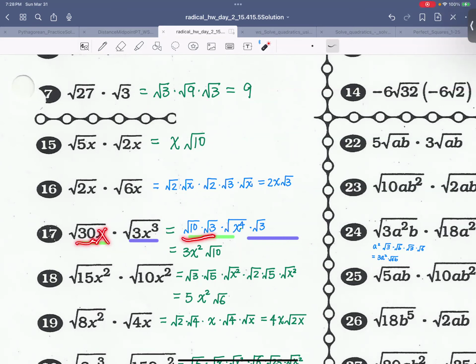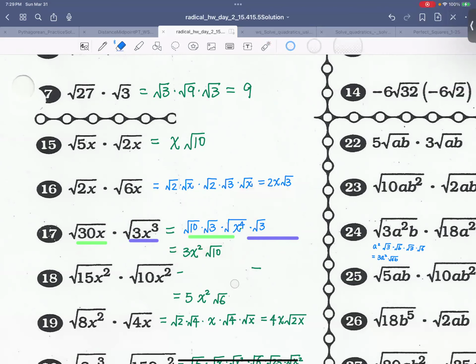This x to the power 1 times x to the power 3 is x to the power 4. And you have another square root 3, which you separate outside. So that guy and that guy meet with a 3. And x to the power 4 square root will be x squared. Make sense? Yes. So this is 3x squared times square root 10. That's 17.